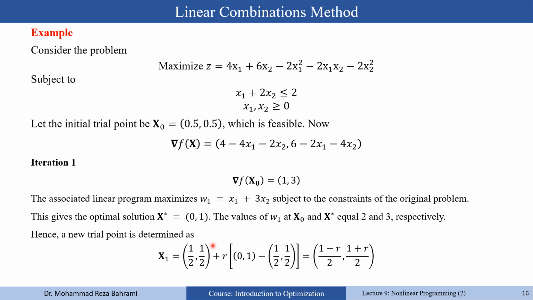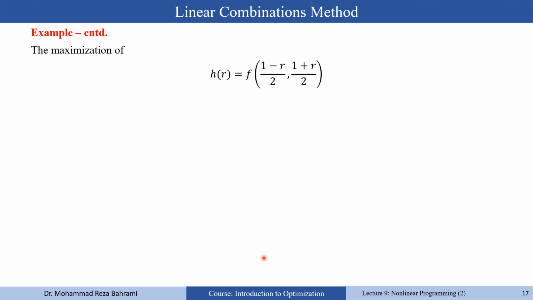So finding the next point, we need to find the step size. As you may remember, this is the formula that we have for x. We are creating our h of R, so you substitute x1 and x2 into the original f and make a derivative equal to 0, and you get one variable.